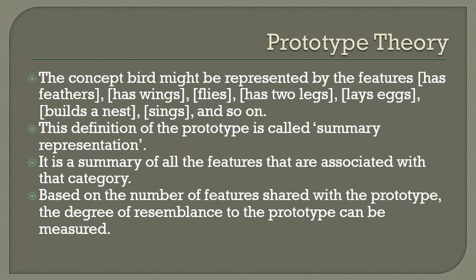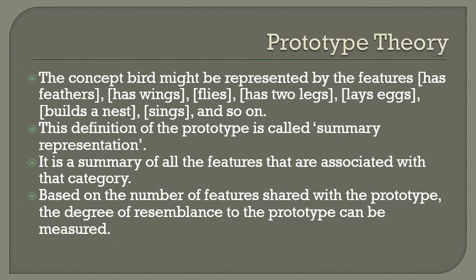Like that, based on the degree of resemblance, we can identify this new example either as being a central example or a peripheral example. If it satisfies most of these features, then we can say that this new bird is right in the center of this concept. It is a very central example.